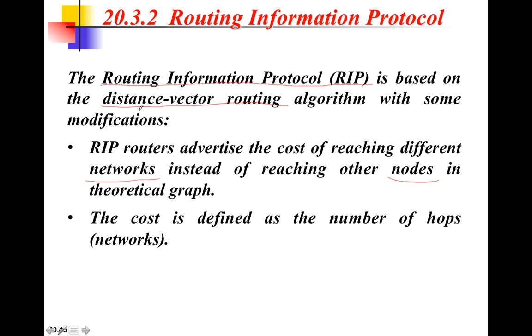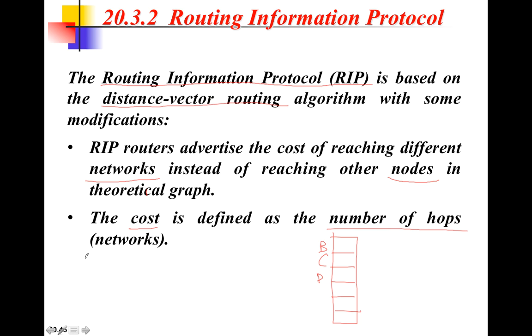So in distance vector, when we calculated the vector itself, we were looking at nodes. However, in RIP, we are looking at networks instead of nodes. And the cost that we consider is the number of hops.